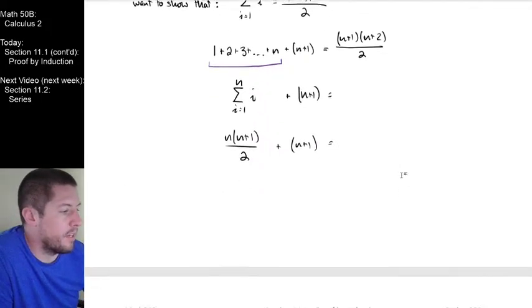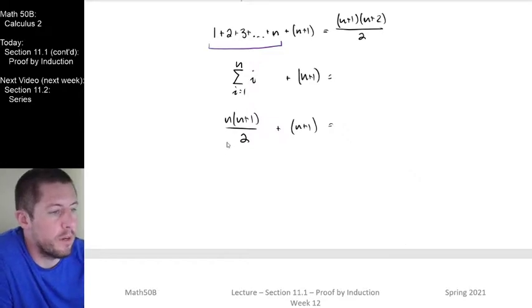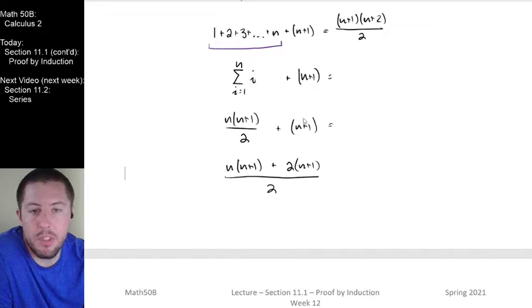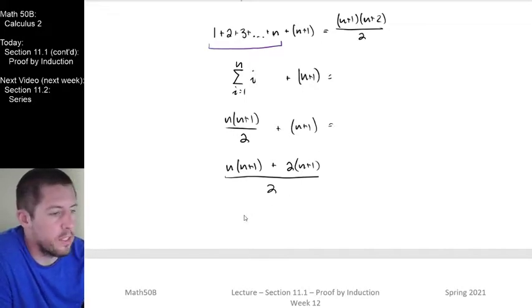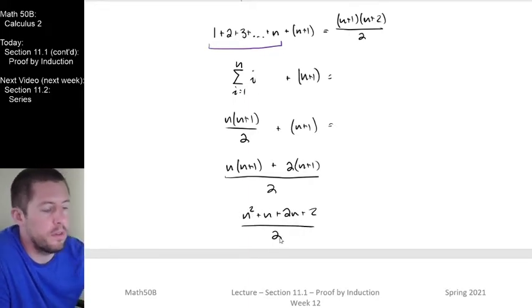And I think all I've got to do here now is a little bit of algebra. I think I want to get a common denominator here with these guys. So I multiply this guy by 2 on top and bottom so I can incorporate it into the common fraction here. It looks like I'm going to get n squared plus n plus 2n plus 2 over 2.